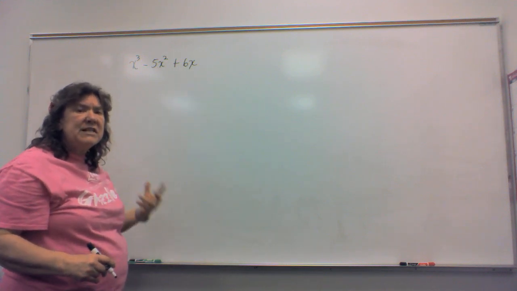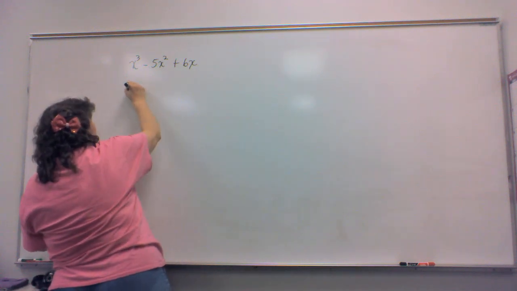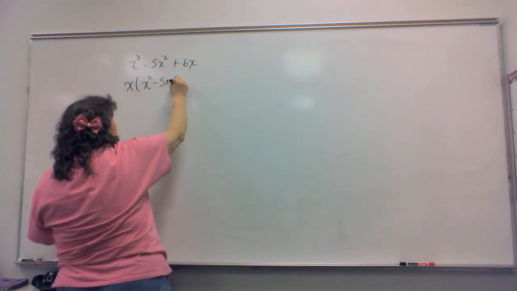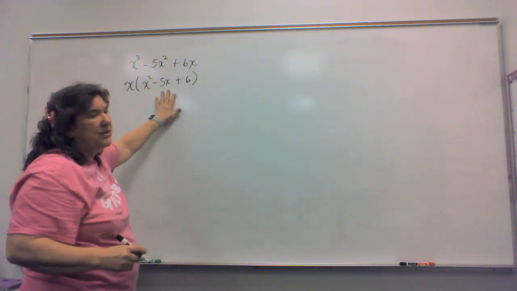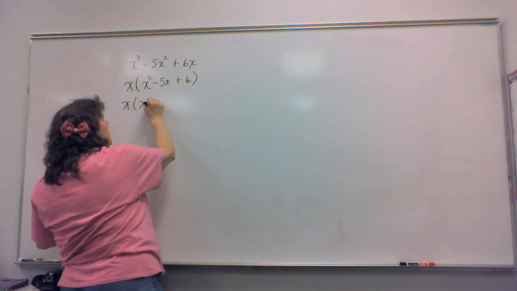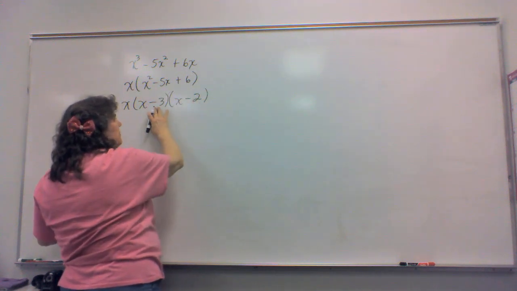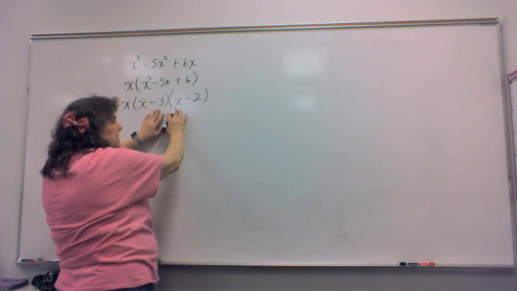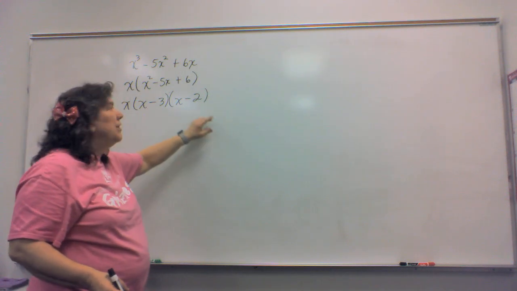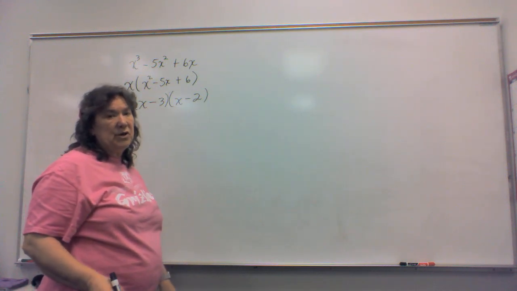Therefore, our first step on this one will be to pull out your common factor of an x. So x times x squared minus 5x plus 6. Now, we've already factored this once, so we kind of know what it is. So x is equal to x minus 3 times x minus 2. Negative 2x minus 3x gives you a negative 5x. So this is factored. Notice an exponent of 3 gives you 3 factors for this polynomial.